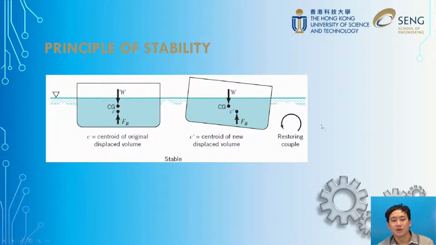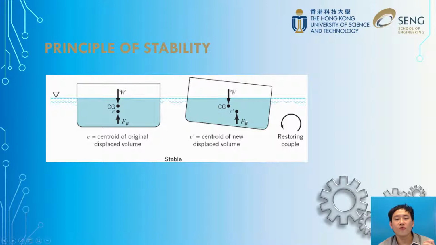The reason is when the ship or vessel sways towards one direction, the position of the center of buoyancy will also change, because it's talking about fluid displaced. So the fluid displaced is not the same when compared to the stable condition.